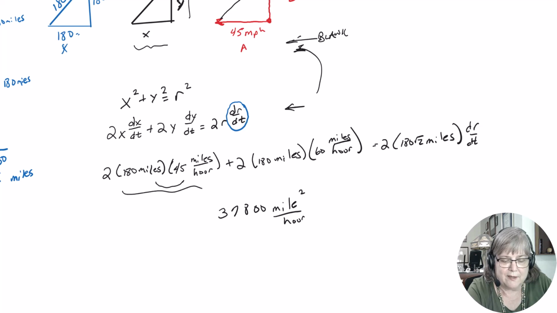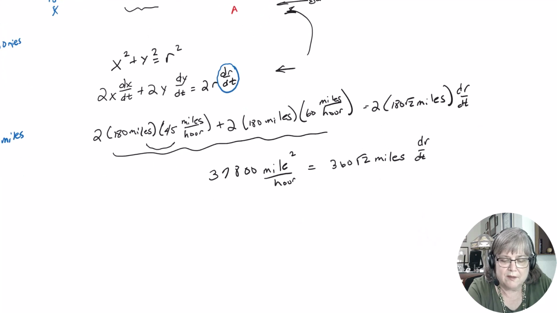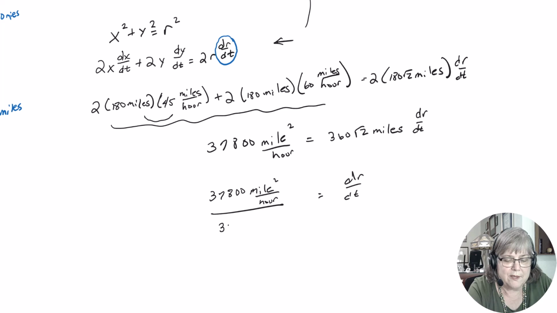Because I'm on this side, I've added these two together, equals 360 square root of 2 miles times dr/dt. So dr/dt is equal to 37,800 miles squared per hour divided by 360 square root of 2 miles.